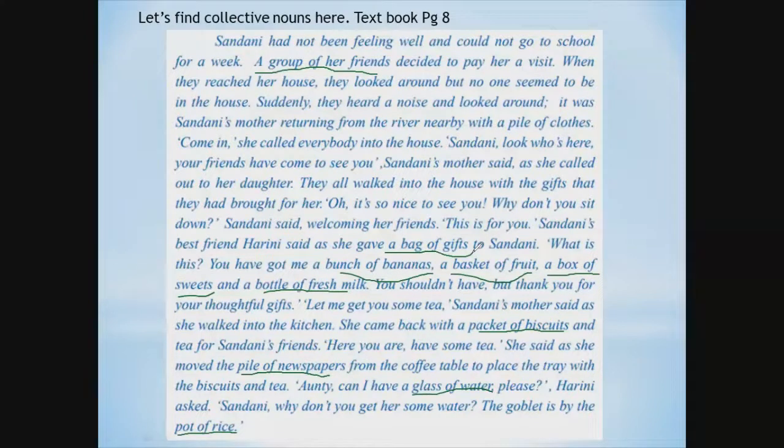A pile of clothes. Ah, very good. A pile of clothes, Puti. Another one is there. I think something related to newspapers.